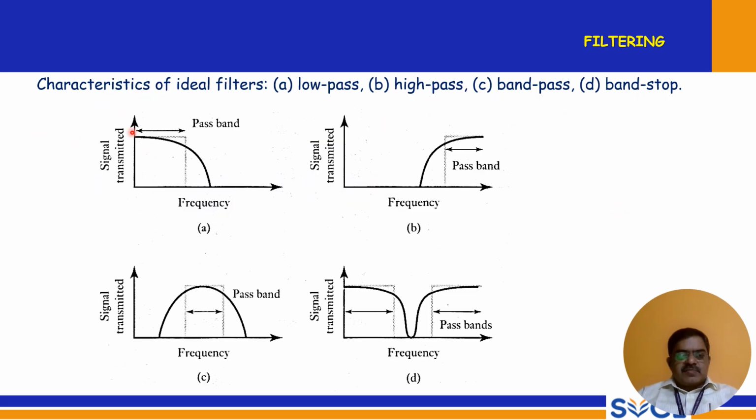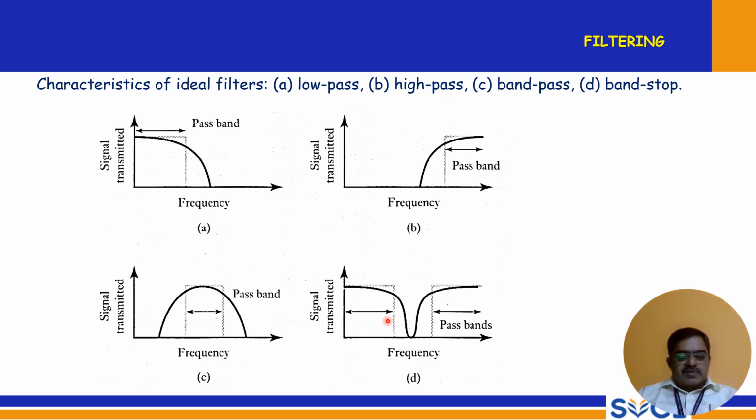So, characteristics of ideal filters. First one is the low pass filter. So it allows the low frequency band as the pass band. The next one is high pass, so high frequency signals become the pass band here. In band pass, certain frequencies become the pass band here, and in band stop, certain frequencies are stopped.